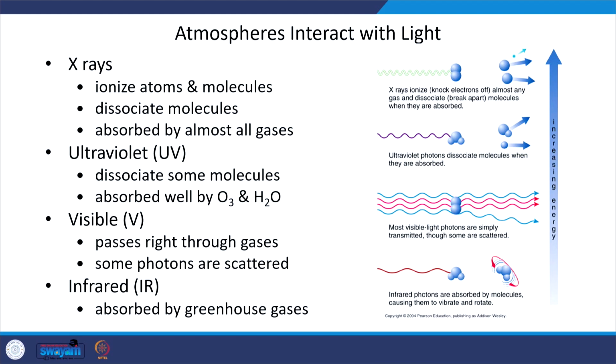Now, you put this in combination with the incoming solar radiation, because solar radiation is fundamentally the only driver which regulates or drives all the physical and chemical processes in the Earth's atmosphere. So you have to always think about how the Earth's atmosphere interacts with the solar radiation or solar energy input.